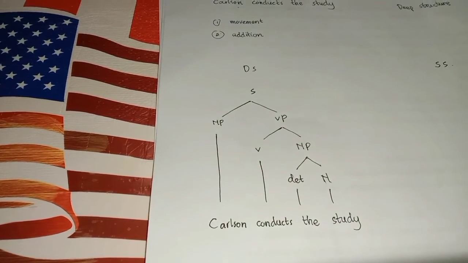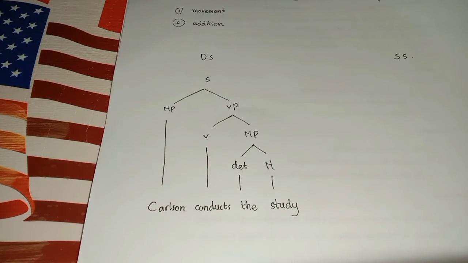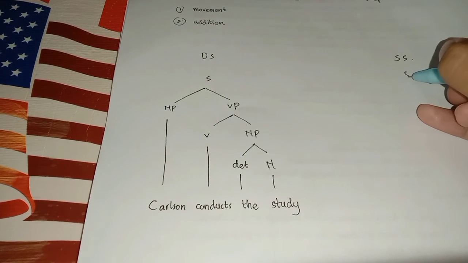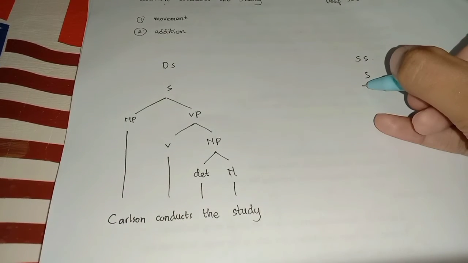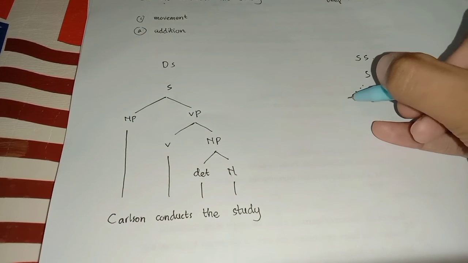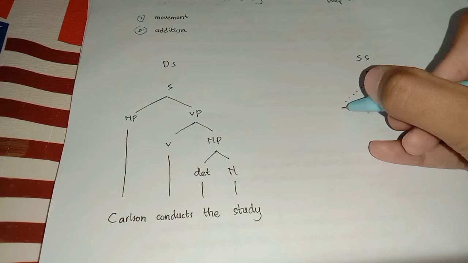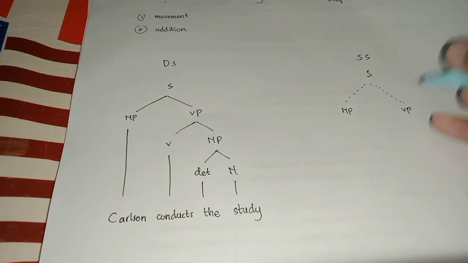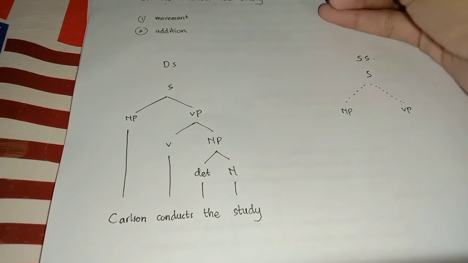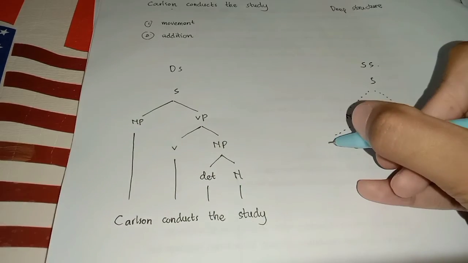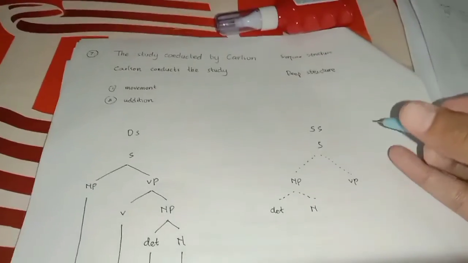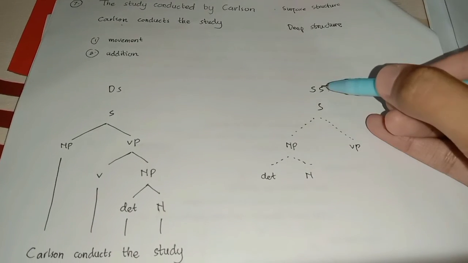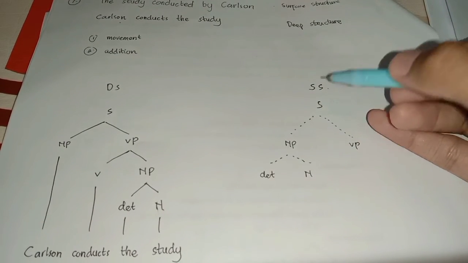And for the surface structure, we can draw. In order to know if it is transformation or not, we can take the line like this. The noun phrase is the study itself, divided into determiner plus noun. The surface structure is the study conducted by Carlson.